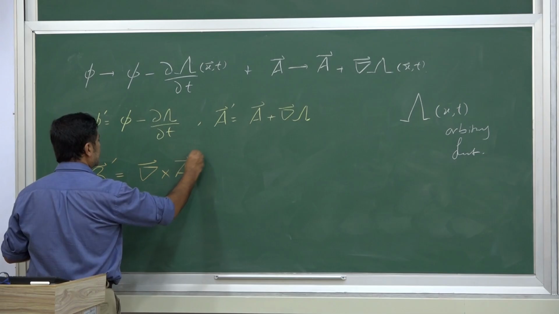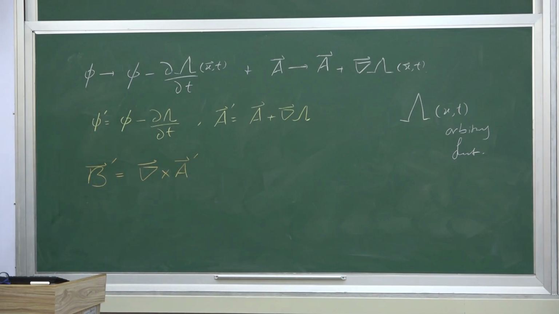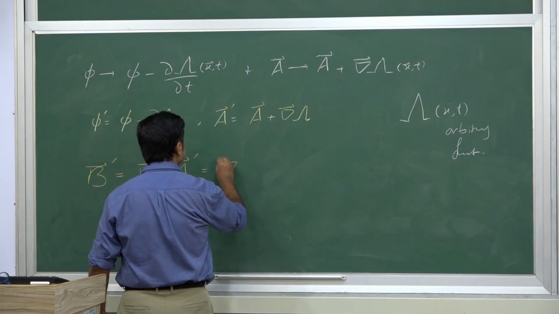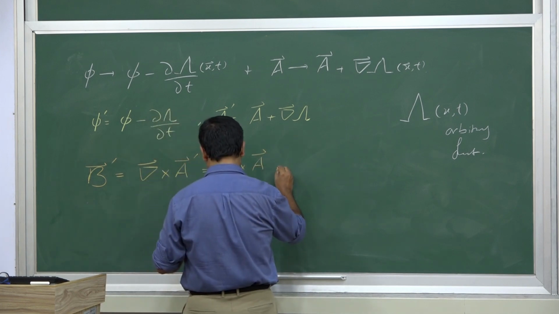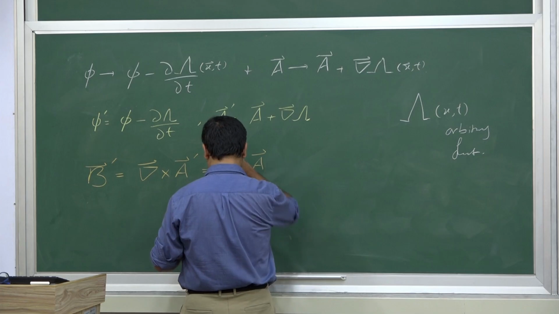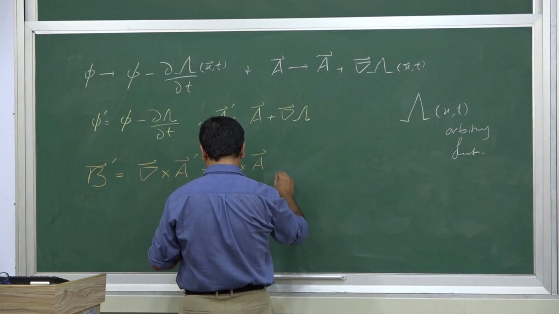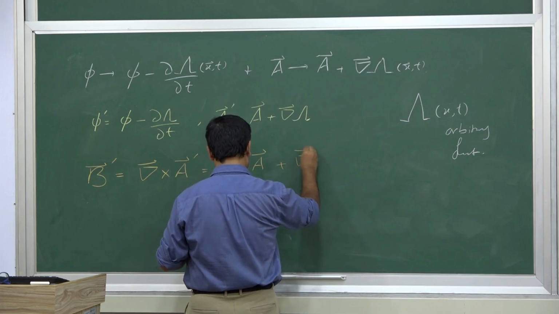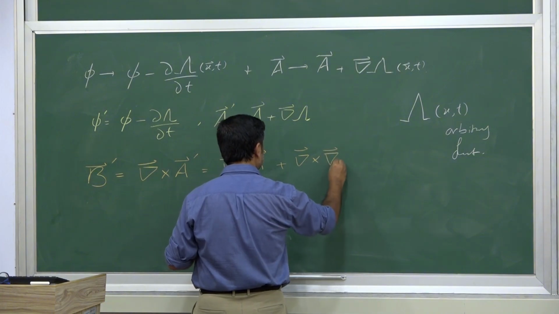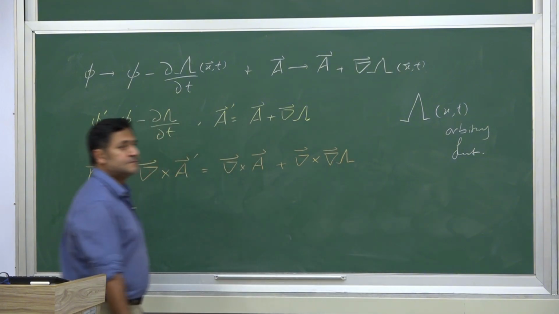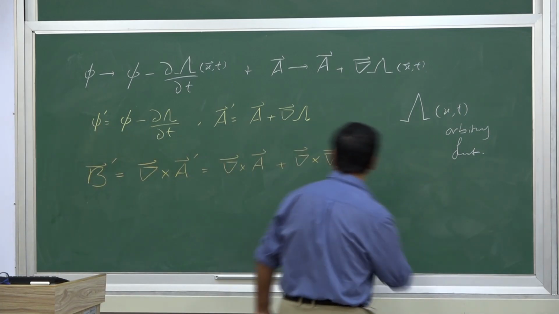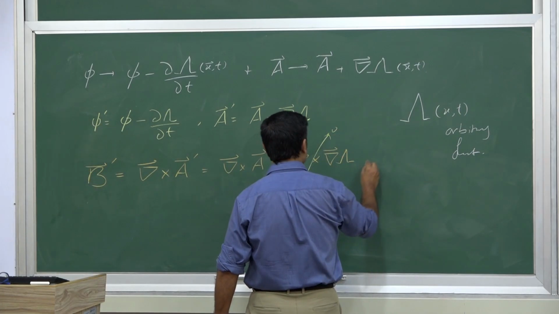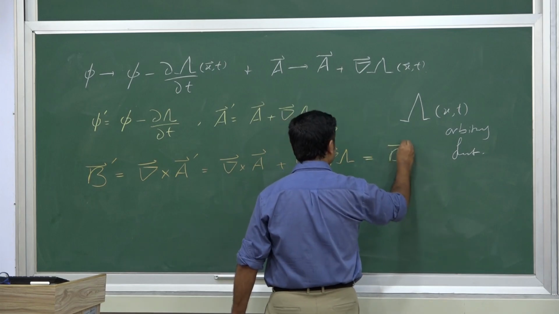It is the curl of this new potential, but the curl of a gradient, as we said before, is 0. So this is just the old field.